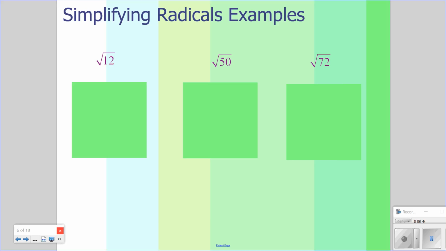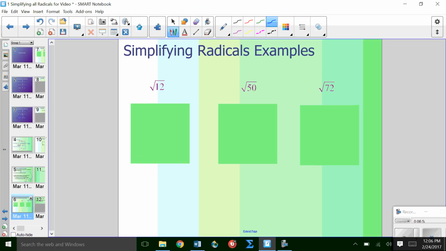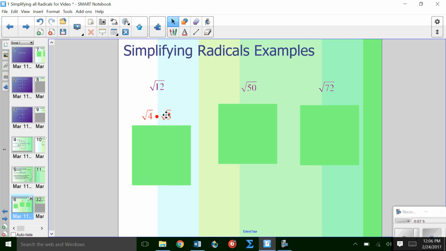So here we have the square root of 12, and this is not a perfect square. However, there is a factor of 12 that would be a perfect square. So, and I'm going to view these from this view from now on so that I can interchange between my arrow and pen. But the square root of 12, we can break apart into two factors. We can break it into the square root of 4 times the square root of 3.